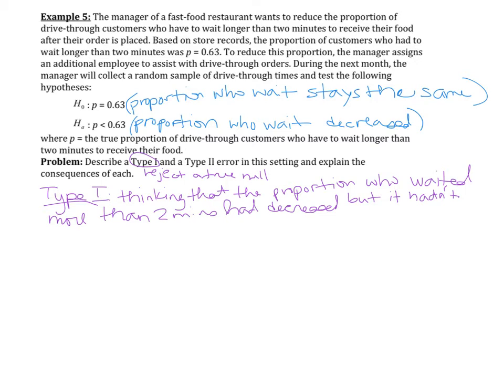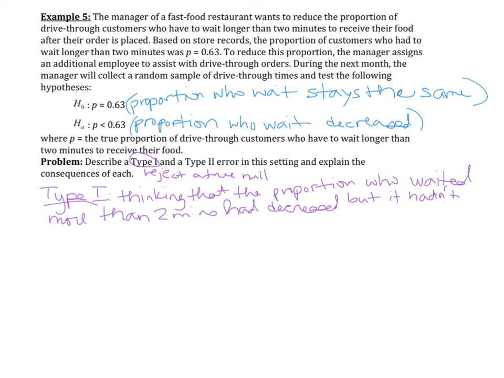So in this case, if a type 1 error happened, the manager would think that the proportion who waited more than 2 minutes had decreased, but it actually hadn't. This would mean that this manager was paying an employee that wasn't actually helping. So that would be a problem for the manager of this restaurant.